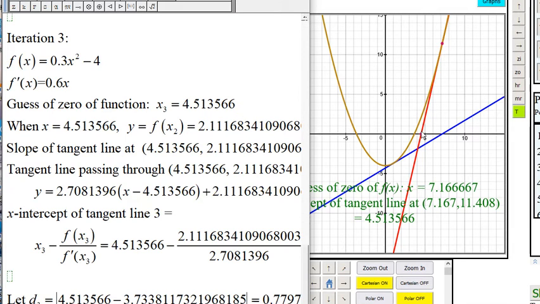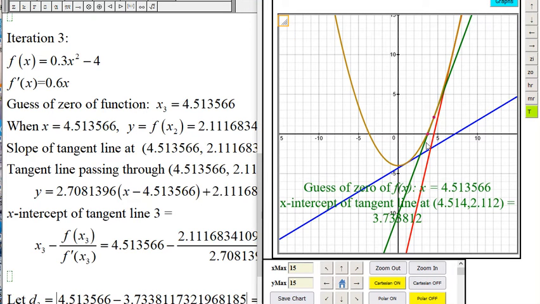And so next we would find the y corresponding to an x of 4.51. It's going to be 2.11. And so that point is going to be about right here. And then we would draw a tangent line through this point.